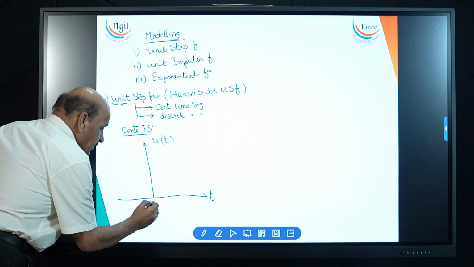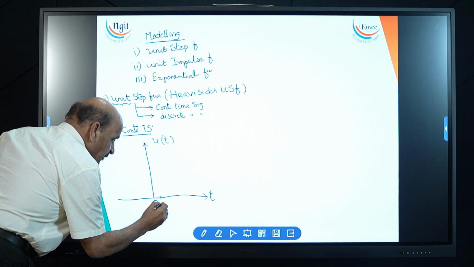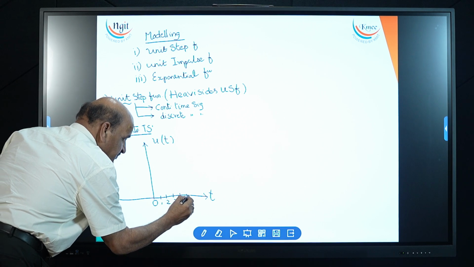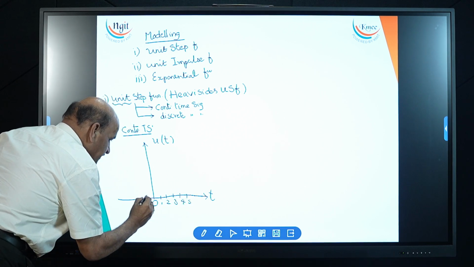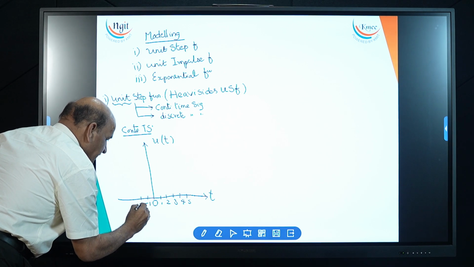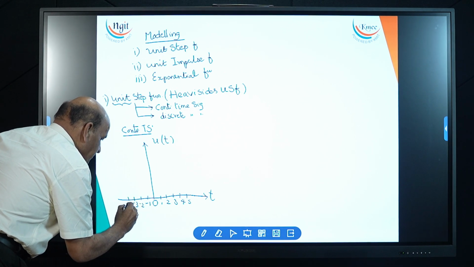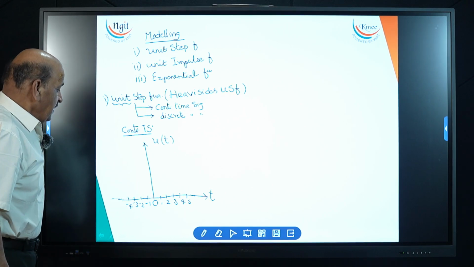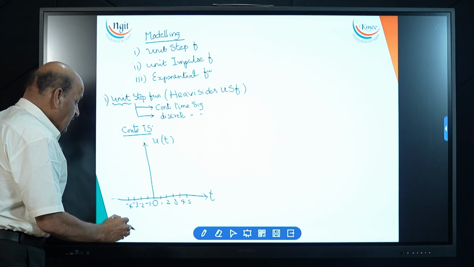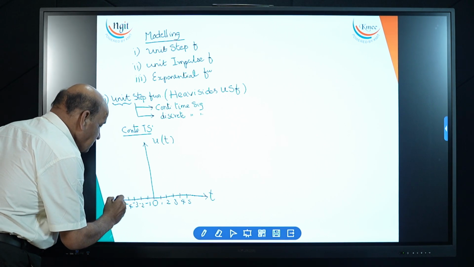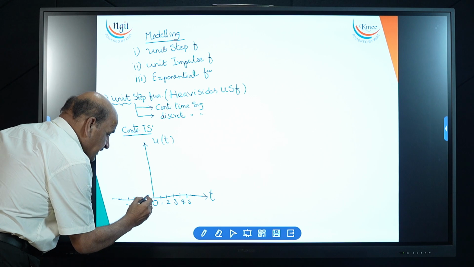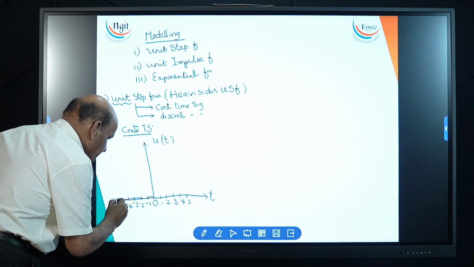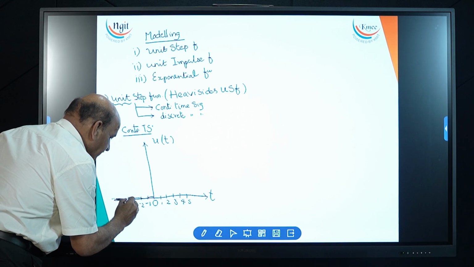Now look at the time measurements 1, 2, 3, 4, 5, etc. Similarly, -1, -2, -3, -4, etc. Whenever t is less than 0, up to this point, its value is 0.